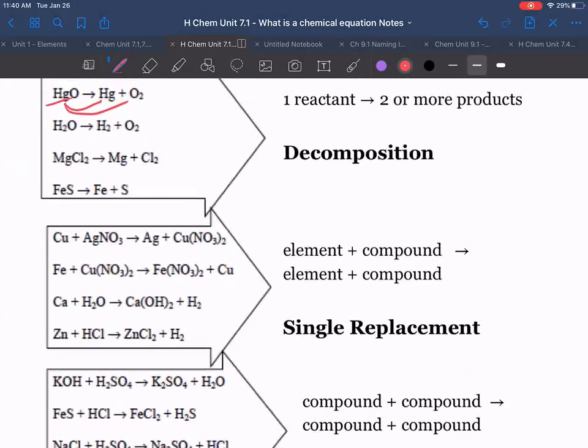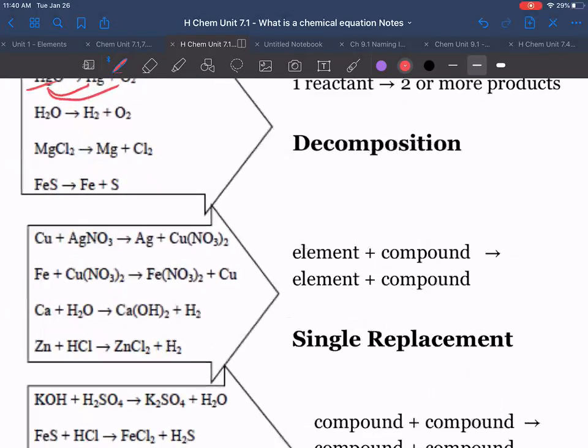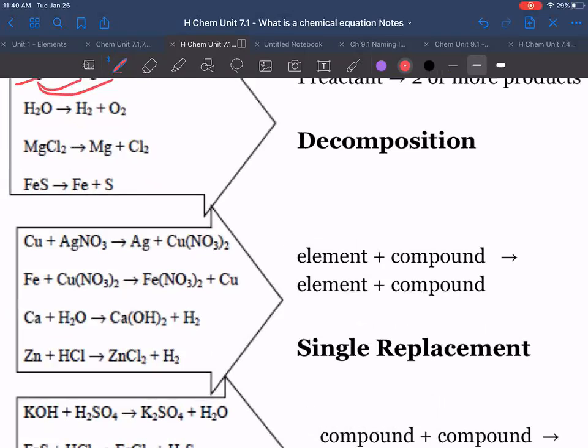And so for single replacement, you have one compound and an element, and a little switcheroo is going to happen. And what I mean is that copper will then switch in to be into a compound, and then silver in this case switches out to be on its own.